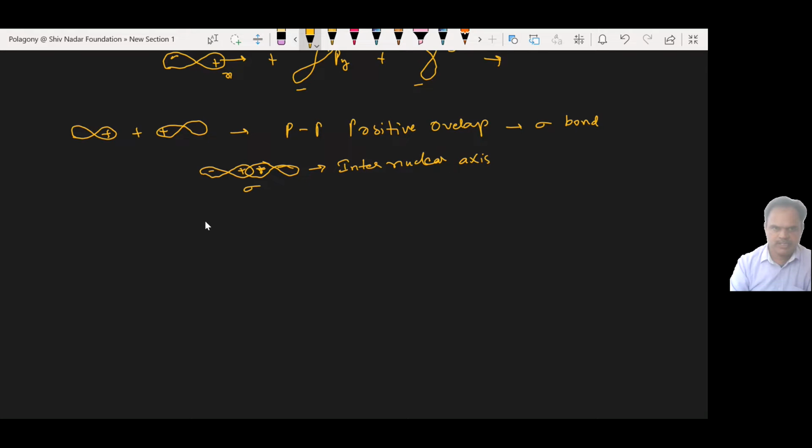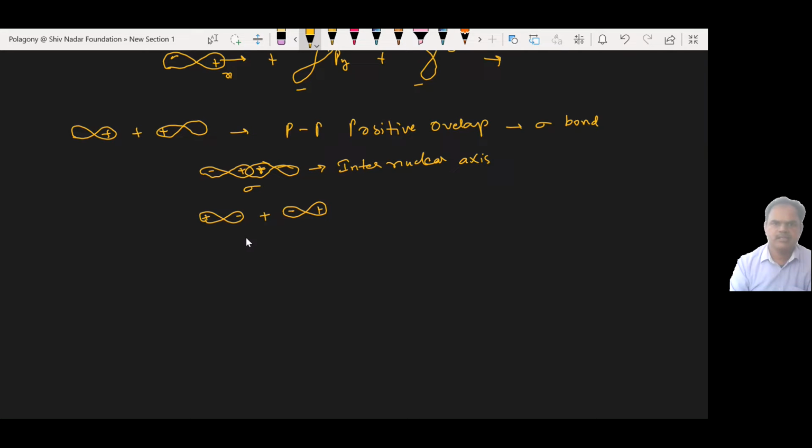In the second case, consider the px orbital with its positive side on the other side and a negative end, plus another px orbital with negative end and positive end.